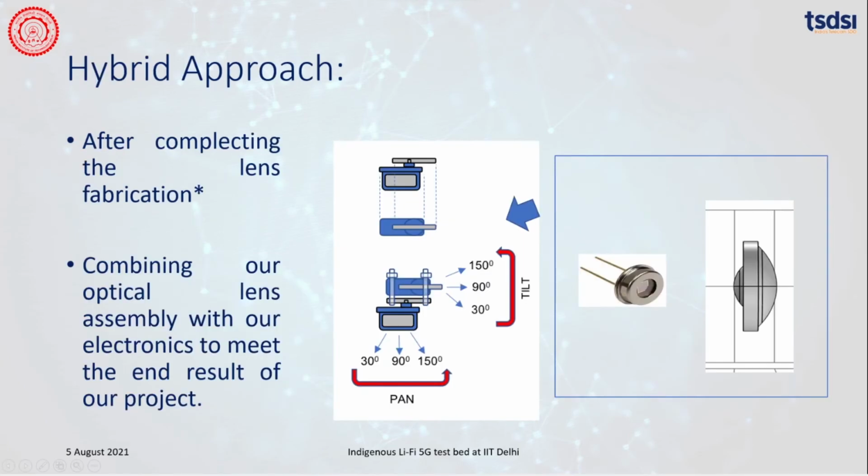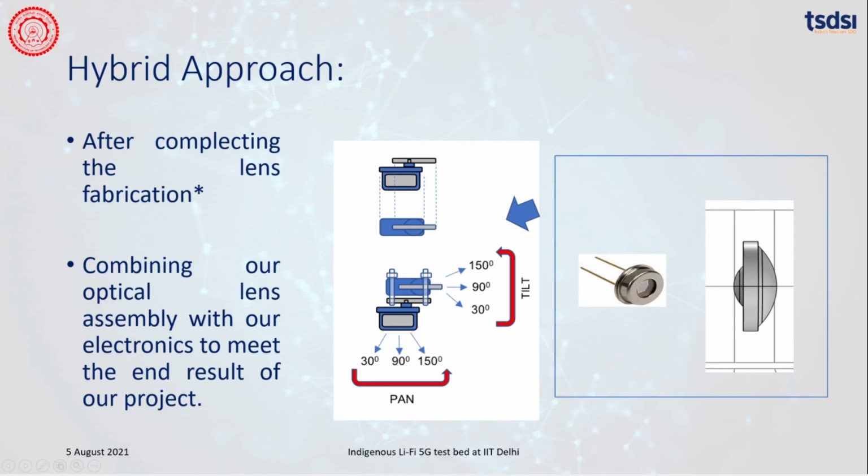Once our lens design is completed and our lens is fabricated, we could combine our electronics and optical approach. This will include our lens, photodiode assembly, and a pan tilt assembly with a camera. Combining this, we'll get an optical electrical system that automatically focuses on a single point.